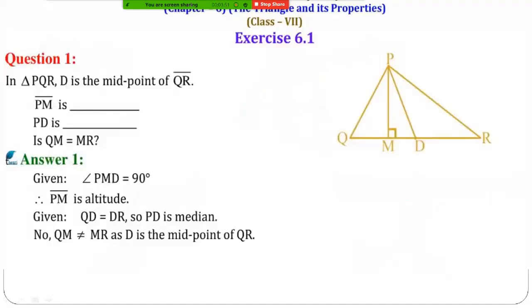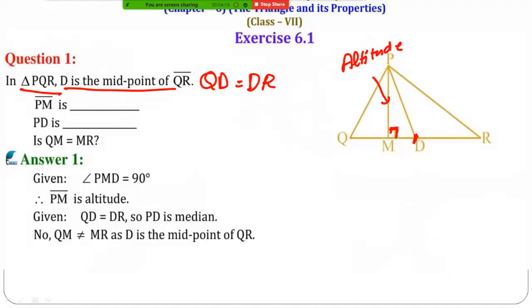So next is our question number 1. In triangle PQR, D is the midpoint. It means left hand side of D is equal to right hand side of D. It means QD is equal to DR. So what is PM? Any line forming 90-degree angle, that line is called to be altitude.